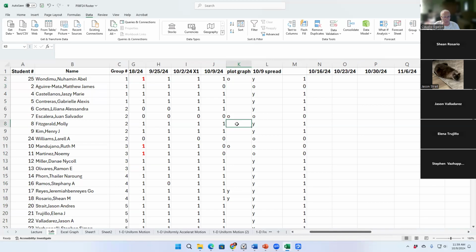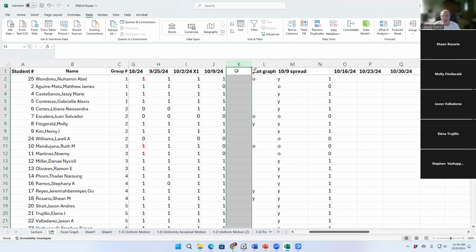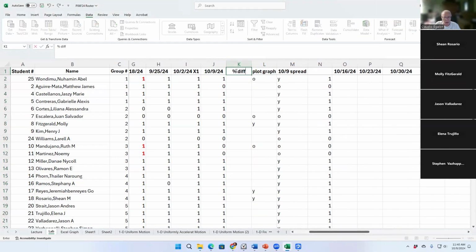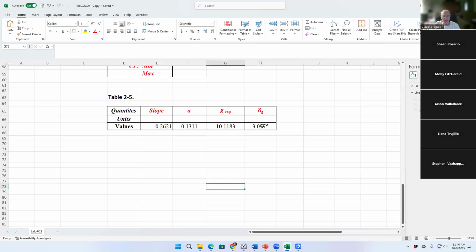Let's go to someone else in group 2. Molly, did you plot the graphs? Yes. Just one. What percentage difference are you getting for the acceleration of gravity? Before you can give me this result, first you gotta log in the slope. Did you log in the slope? Yes. The slope I got is 0.2288.